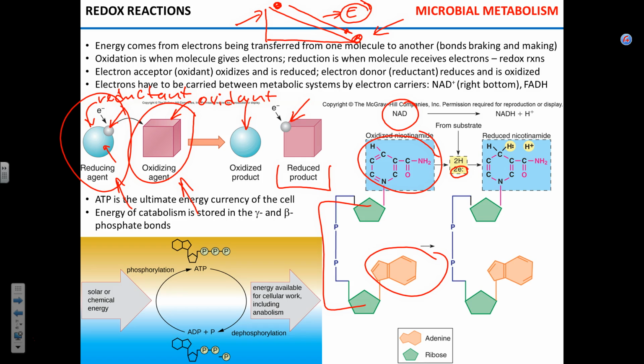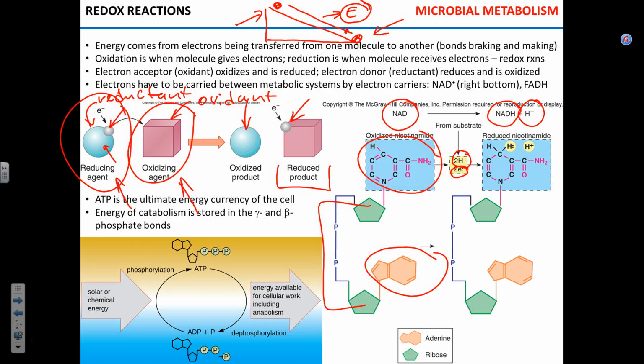So to balance the negative charge, NAD also binds 2 hydrogen ions that are positively charged, right? And when NAD accepts the electrons, is it oxidized or reduced? It is reduced. So the reduced form of NAD is NADH, and there's a proton, the hydrogen ion, that travels near it. Does that make sense?